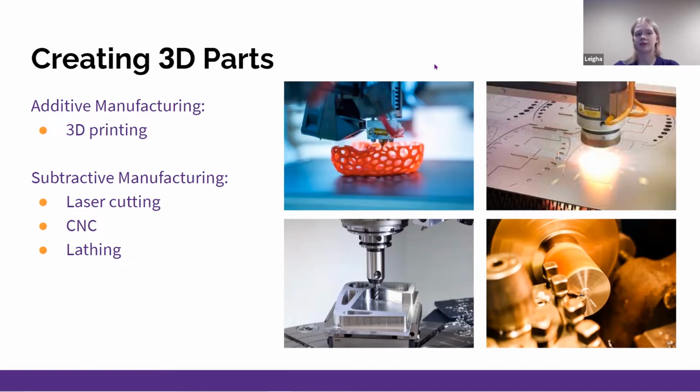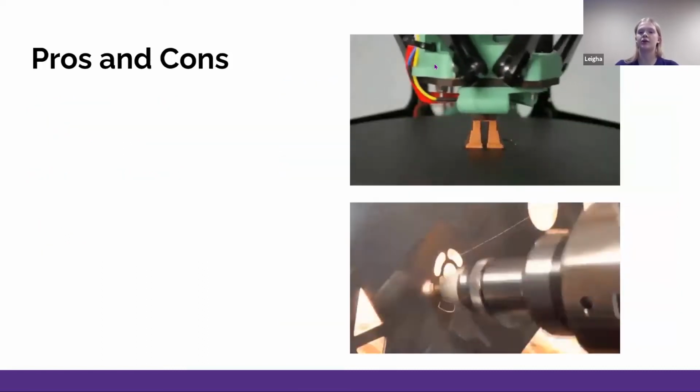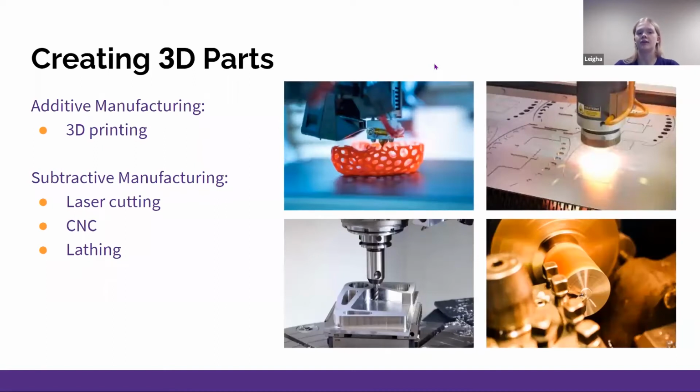Then there's subtractive manufacturing. This is like laser cutting, where you have a sheet and you're able to cut parts out of the sheet, or CNC, where you've got more of like a cube of material, and then you cut away the excess material till you're left with your part. There's also lathing, which is another way to manufacture parts through subtractive manufacturing.